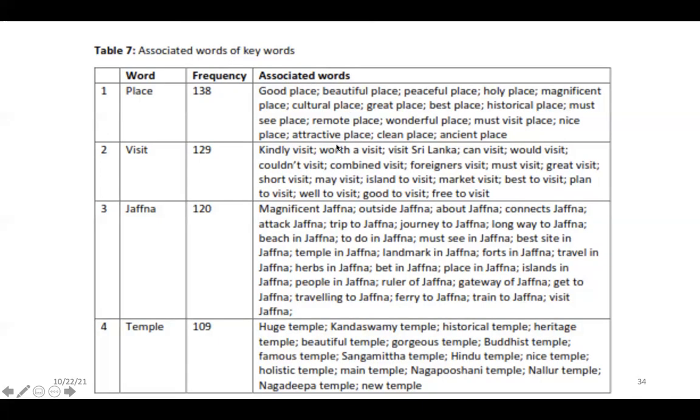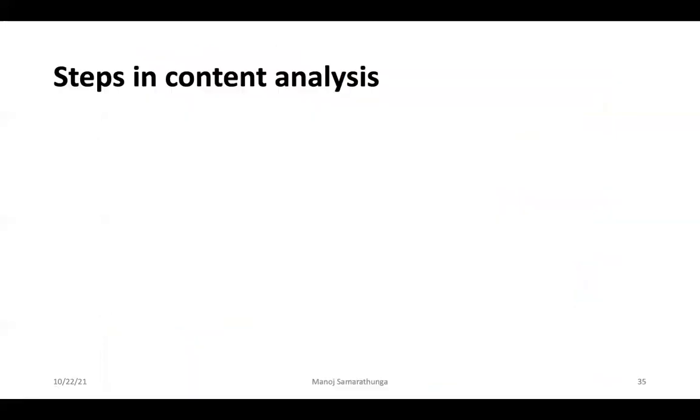Actually, the associated words you cannot generate simply, but the word tree analysis will help you to identify them, and with that you will be able to generate this particular table. And this type of table is also accepted in qualitative research papers.